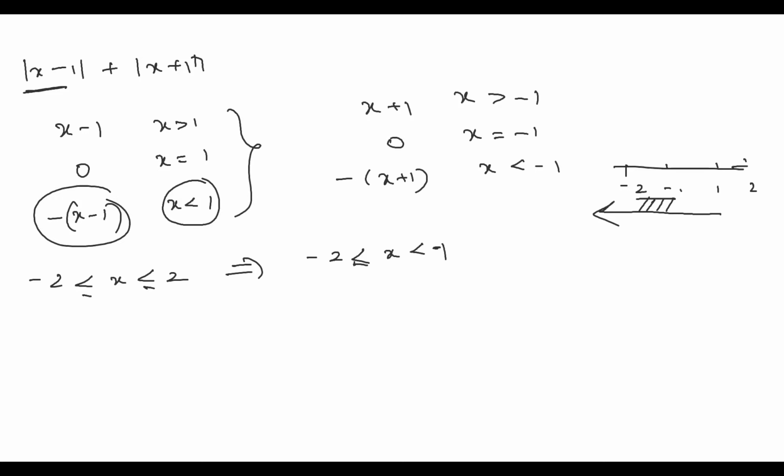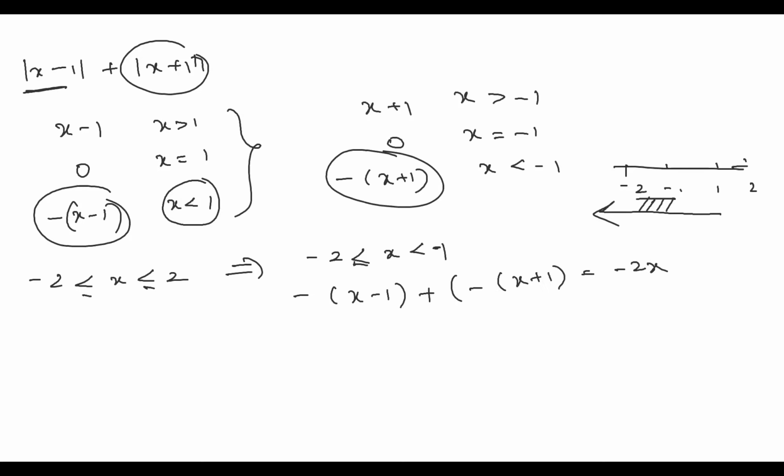This one. That is why I chose minus of x minus 1 plus. For x plus 1, what should I choose? So that is why you got the answer as -2x. Okay. So this is where we need to understand x greater than -1, less than 1. This is the point. This is for mod of x minus 1.